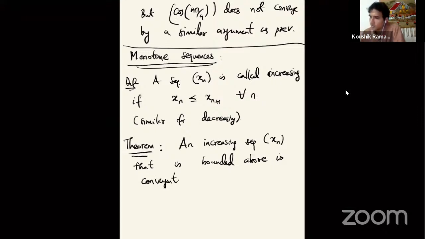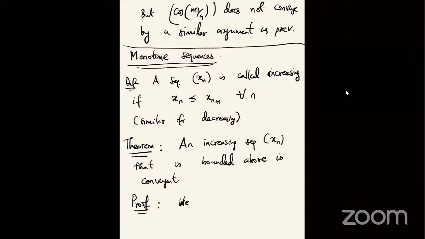So this furnishes many examples. What is the quick proof of this? If you have an increasing sequence x_n that is bounded above, therefore it has a supremum. Therefore, we are going to claim it converges to that supremum.